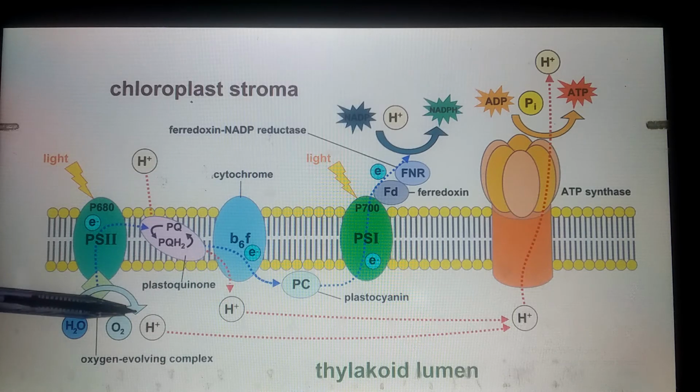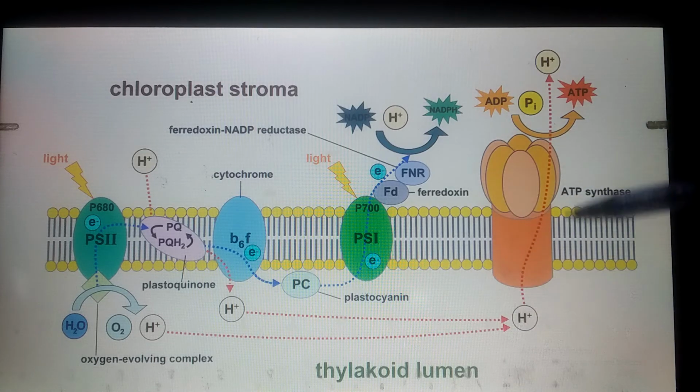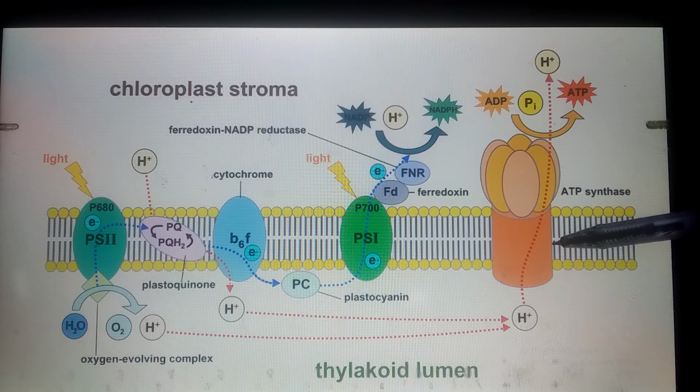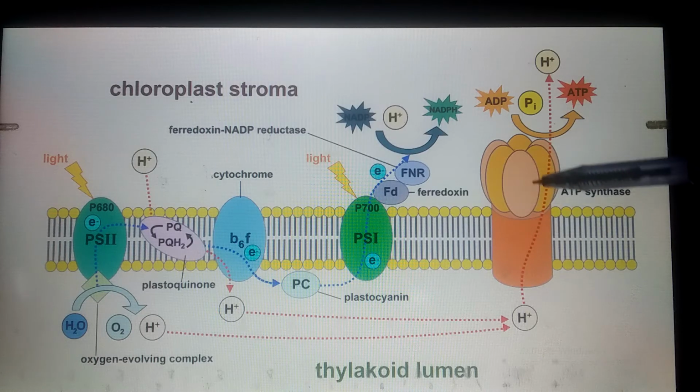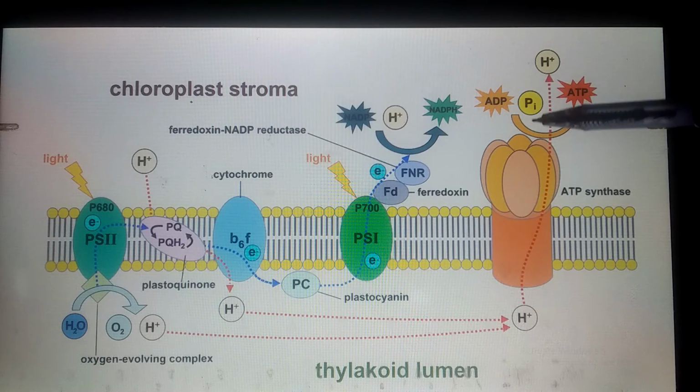Then the protons move along. You can see here the ATP synthase. This is the ATP synthase, the most important protein, the F particle, which is responsible for the formation of ATP from ADP and phosphate.